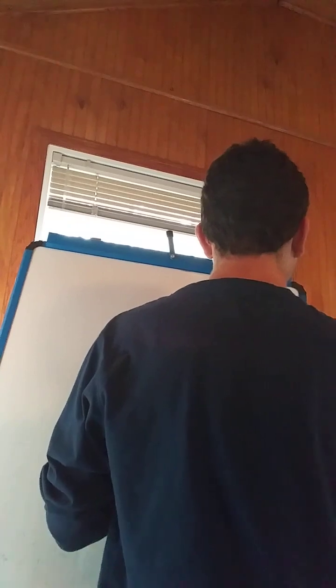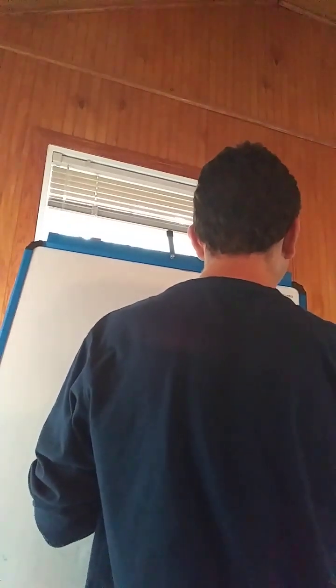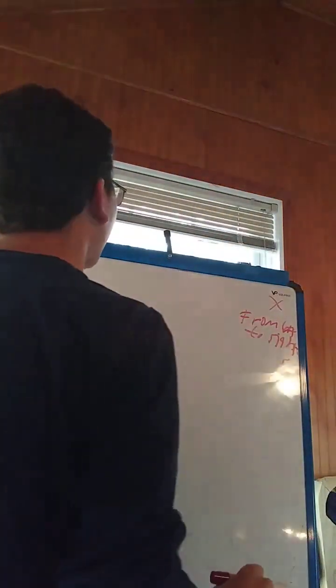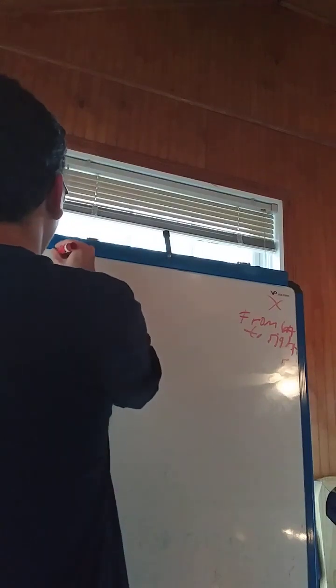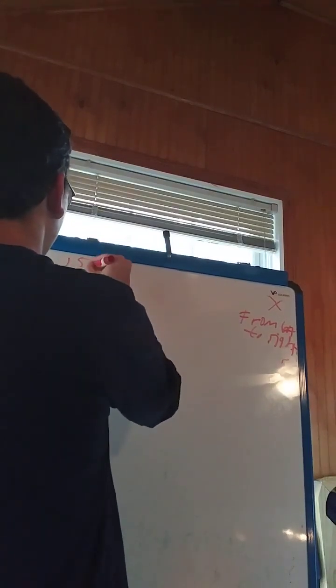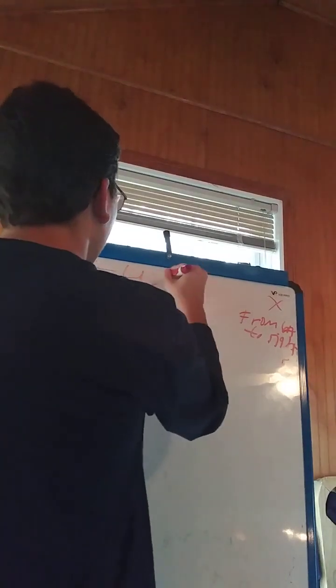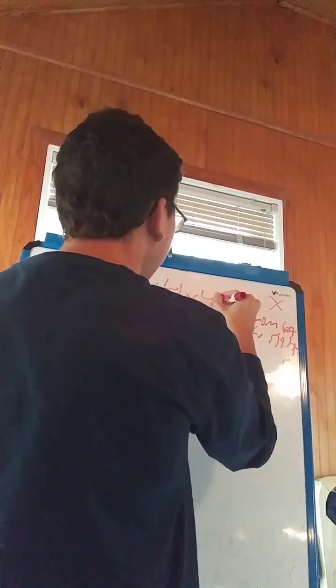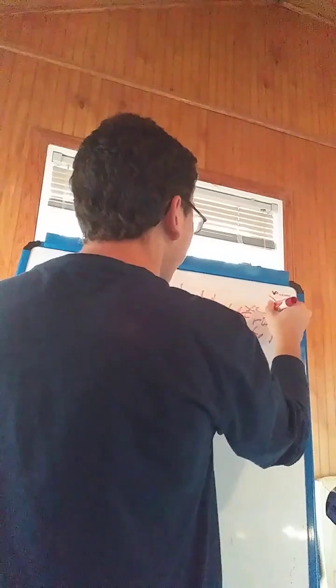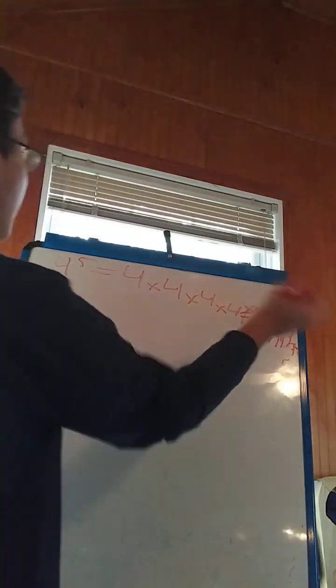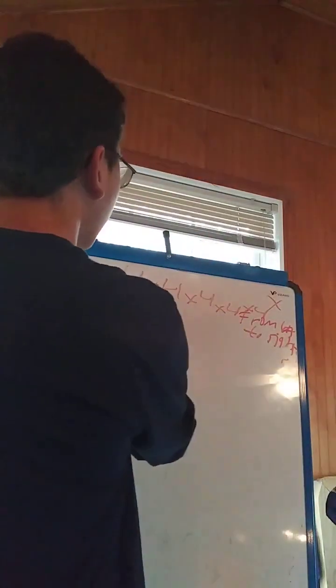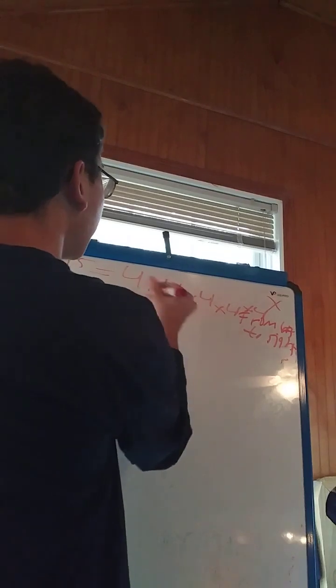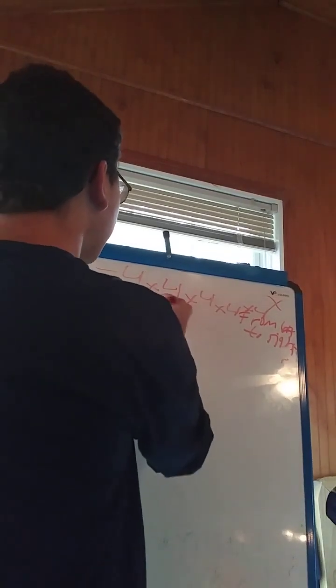I'll write that out again. Another one would be 4 to the 5th power. And that would equal 4 times 4 times 4 times 4 times another 4. So 4 times 4, bear with me, is 16.